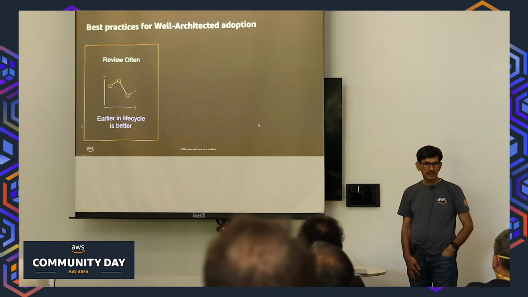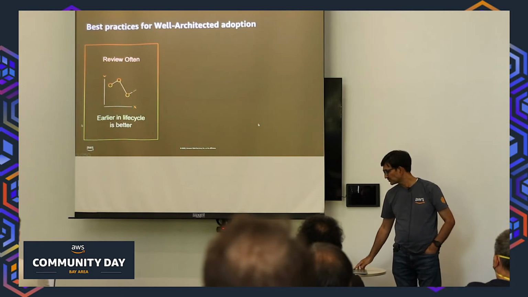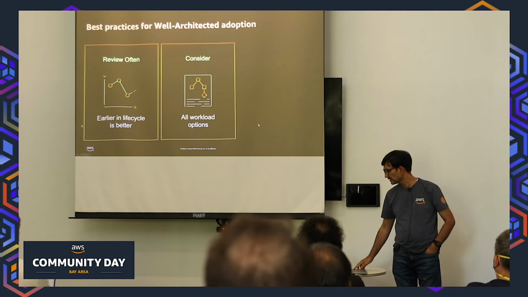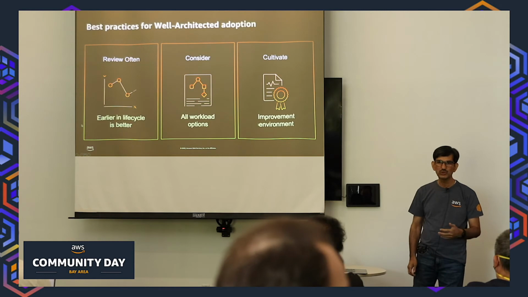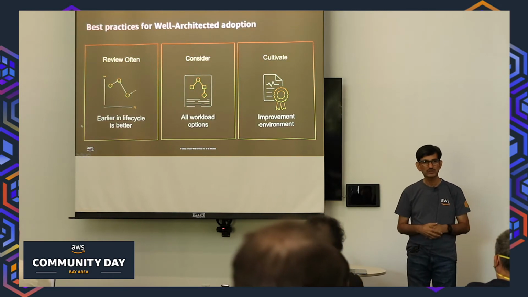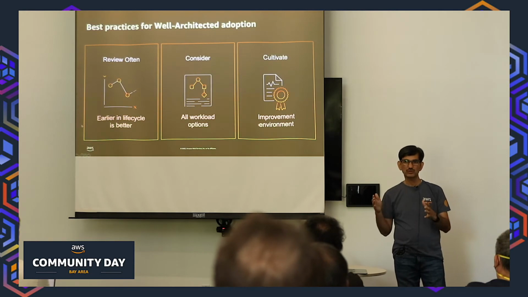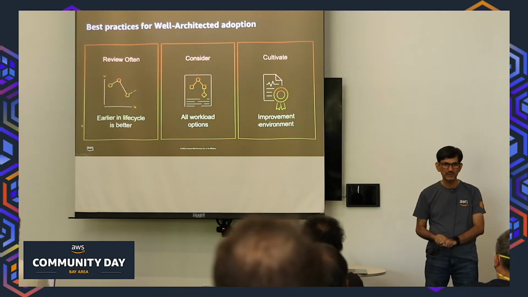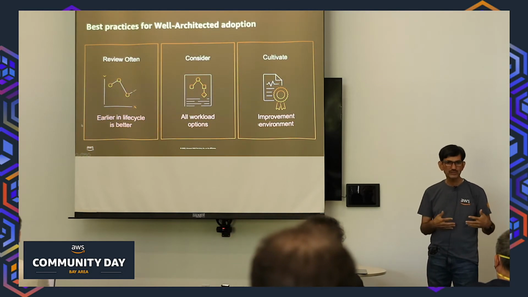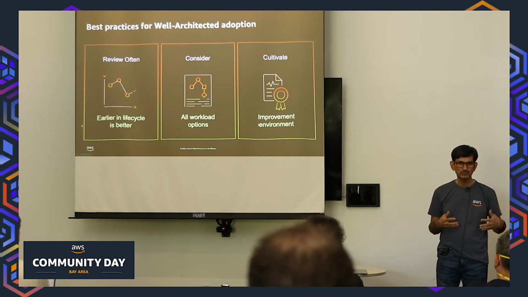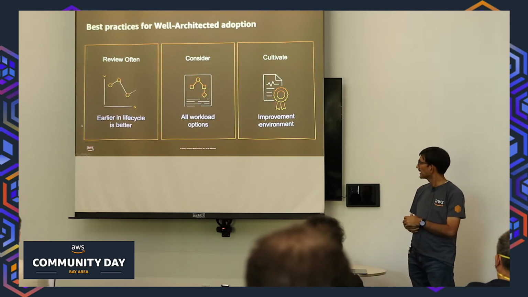Well-Architected. I'm sure you have used it, but if you haven't, this is a framework that AWS makes available for our customers, and it comes with 5 different pillars. Cost optimization is one of the major pillars that you should be adopting as part of your cultural change, to continue to adopt the design with cost in mind.